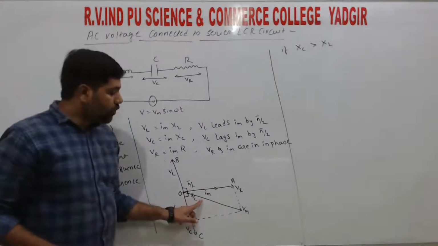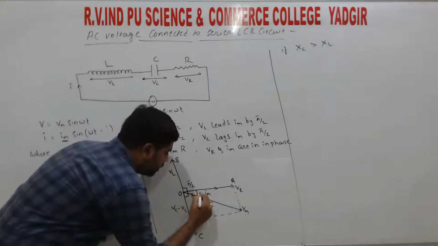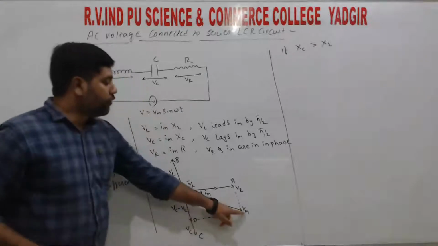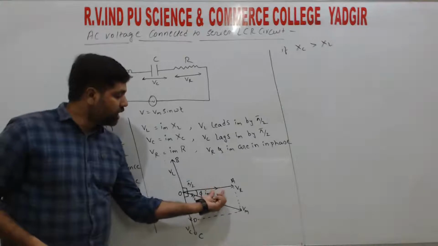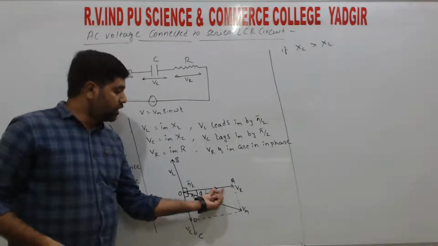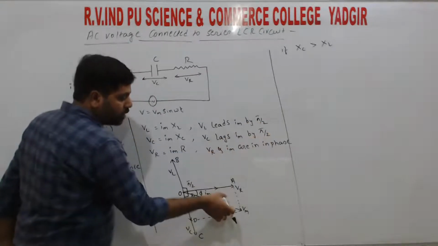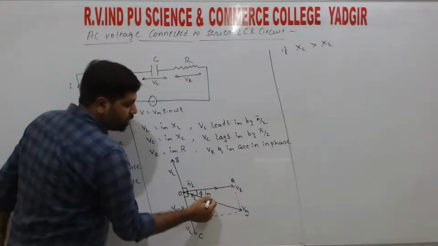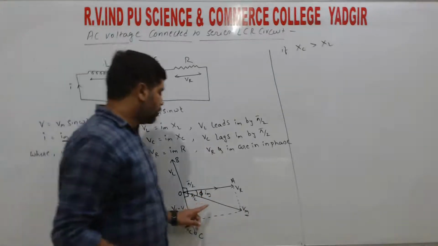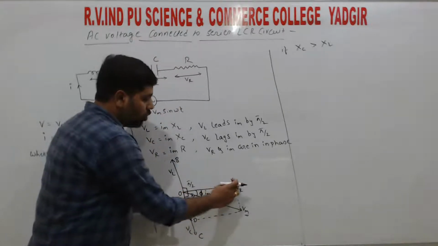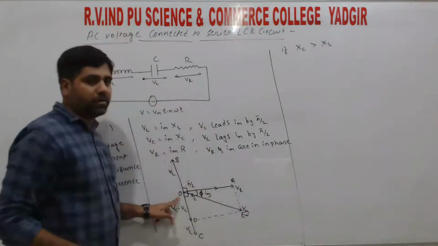So the diagonal of the parallelogram gives the resultant Vm, and it makes the angle phi, that is Vm makes a phase difference with Im. So here the phase difference is 0, and here the phase difference is pi by 2, and the phase difference between Vm and Im, we take as phi, right? So now from this triangle, OA and Vm, calling this one as OE, right?